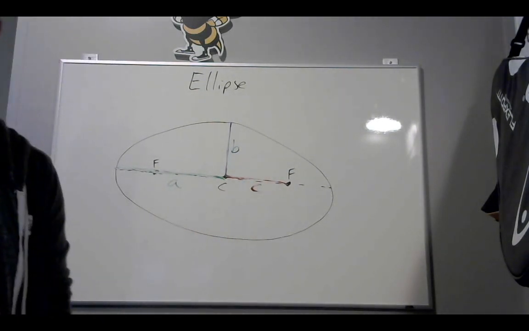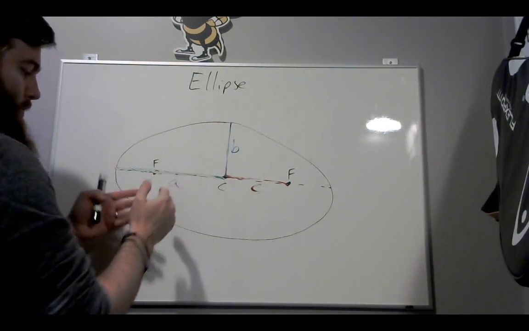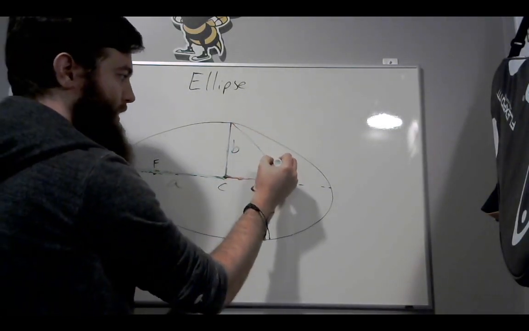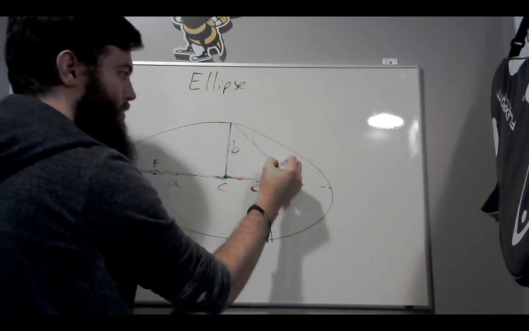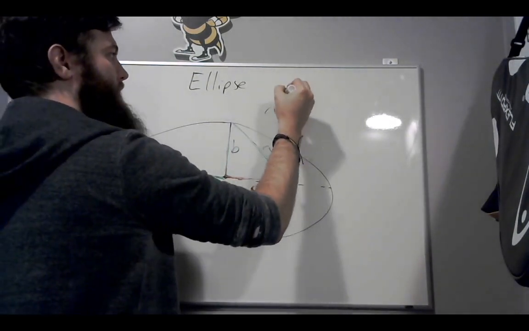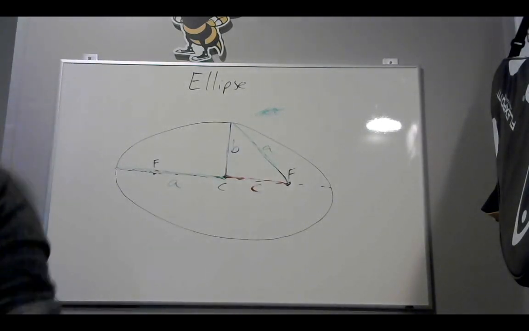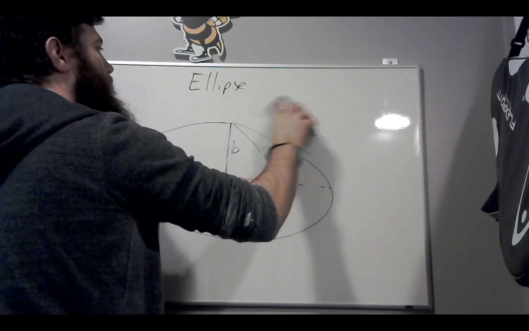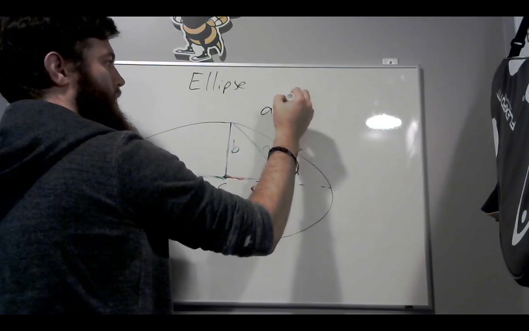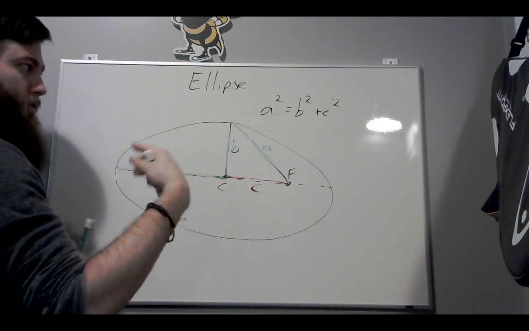If you look at these letters, you can see that a is going to be the longest, so a is going to be the hypotenuse. That's why it's a little bit backwards: a squared equals b squared plus c squared, which is a little backwards using your letters.